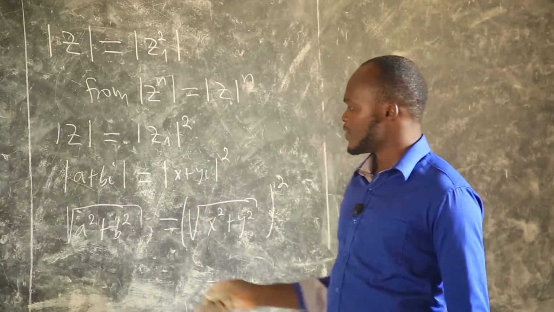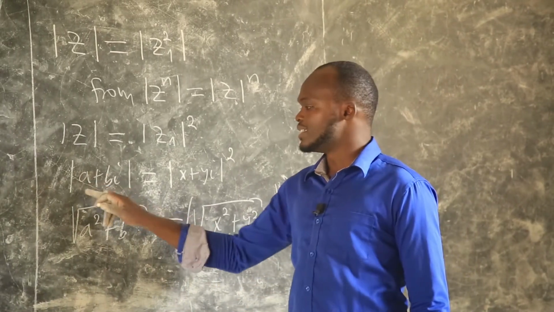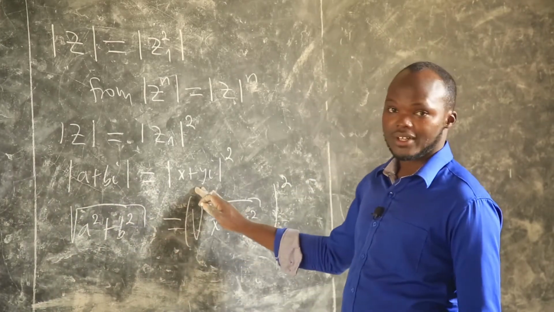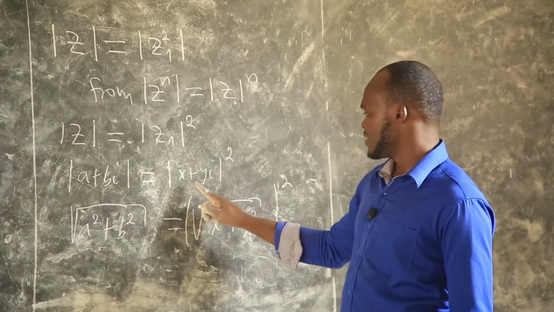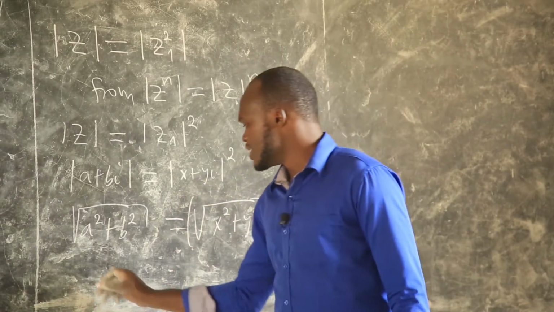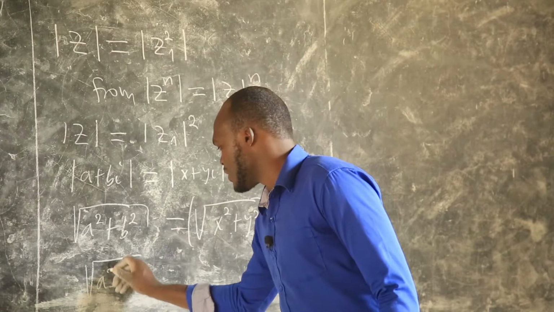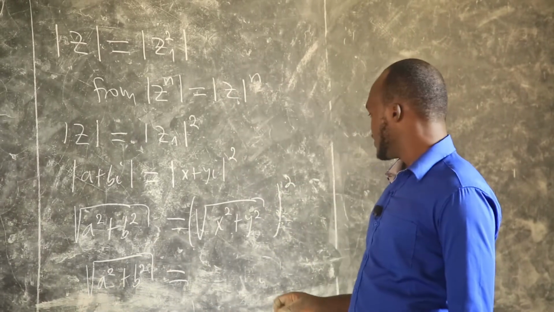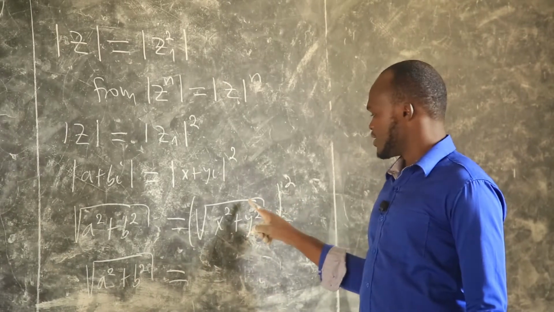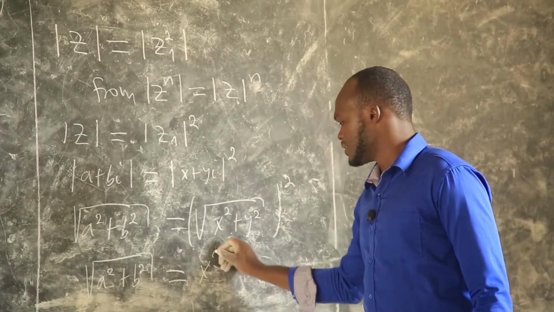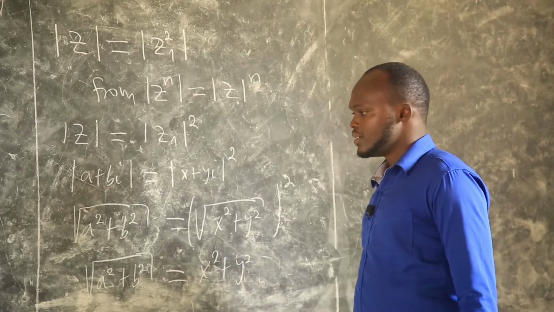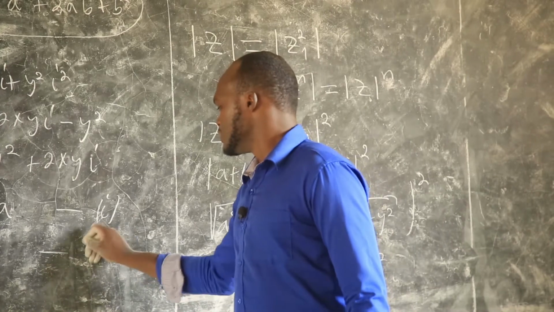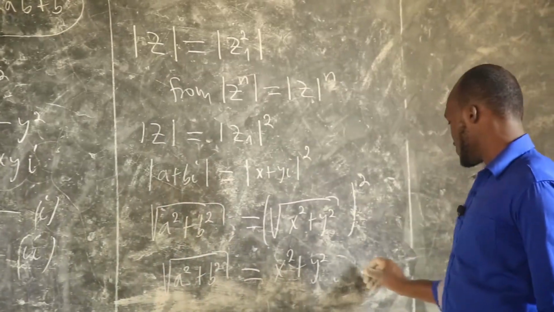I think you remember how we find the modulus of a complex number: the real part squared plus imaginary part squared. So square root of a squared plus b squared equal to this, since the square removes the square root, we remain with x squared plus y squared. So this is like equation 1, this is like equation 2, so now we have equation 3.